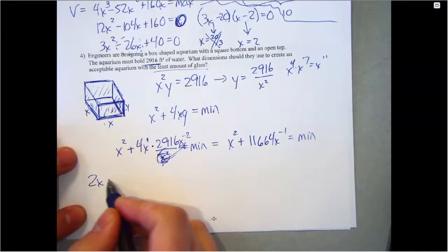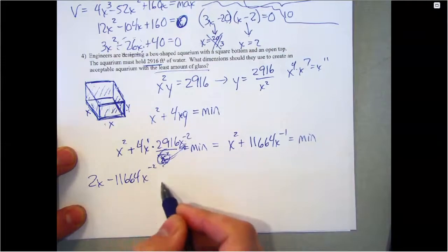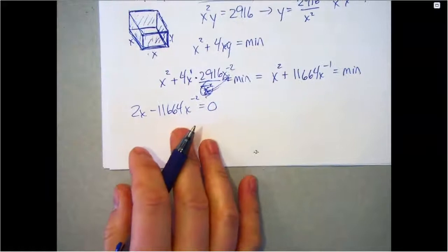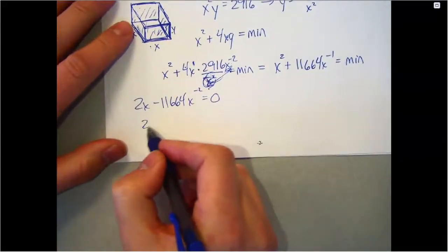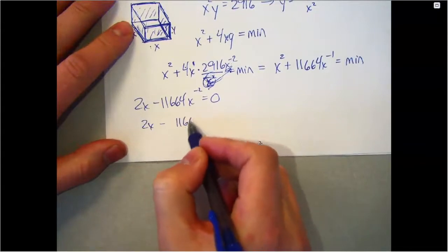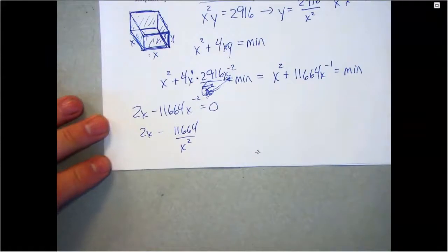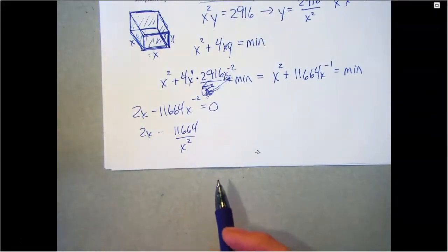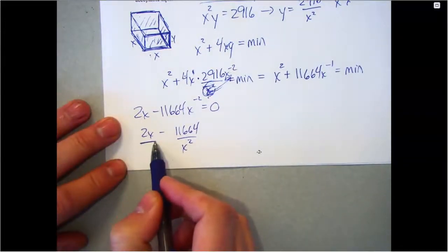So 2x minus 11664 x to the negative second equals 0. But here's the annoying part: now you've got to put it back down. You've got to have one fraction. So 2x minus 11664 over x squared. I've got to get a common denominator and combine these. So what's got to go on the bottom over here?